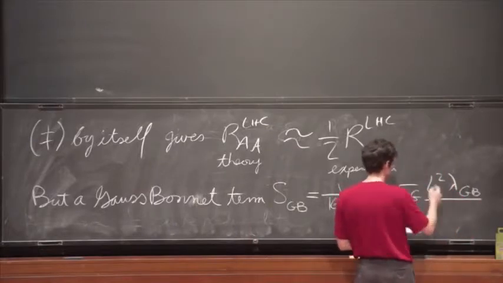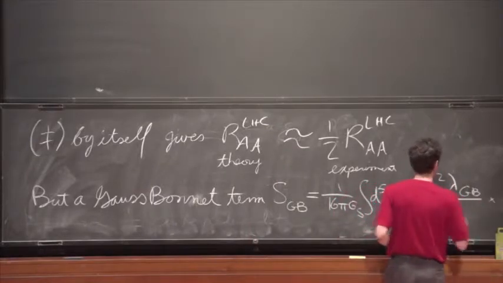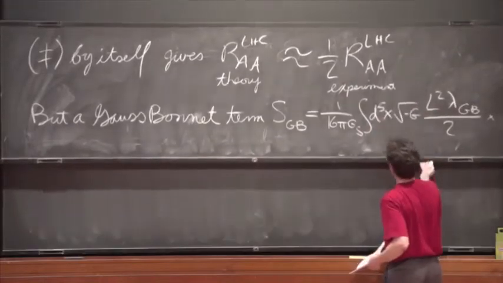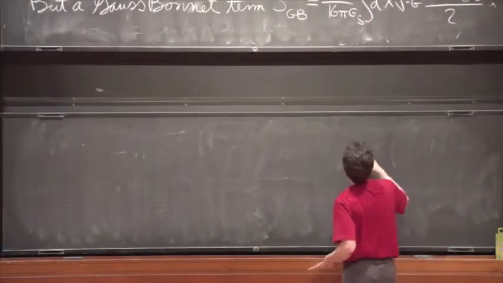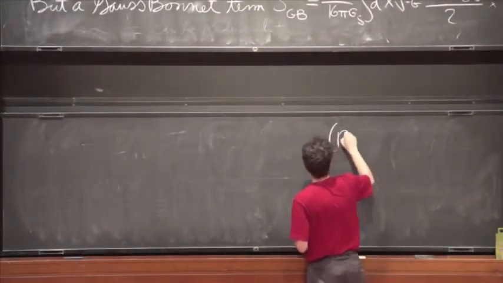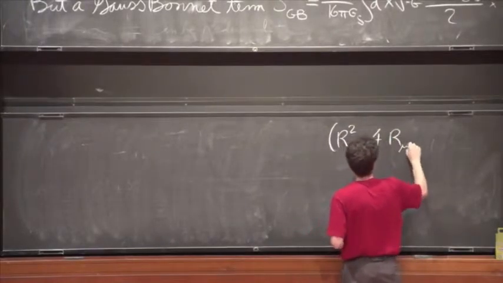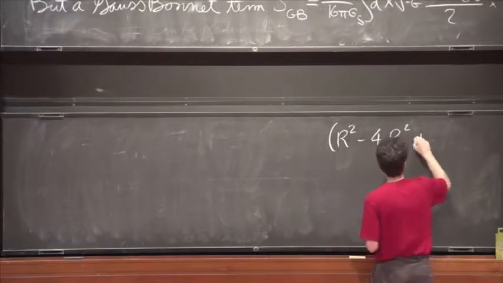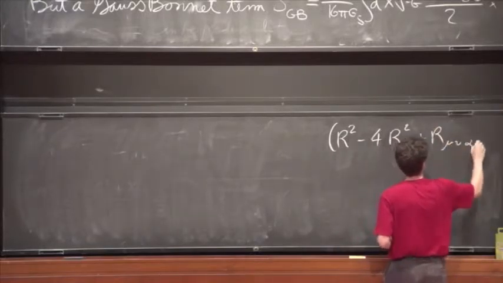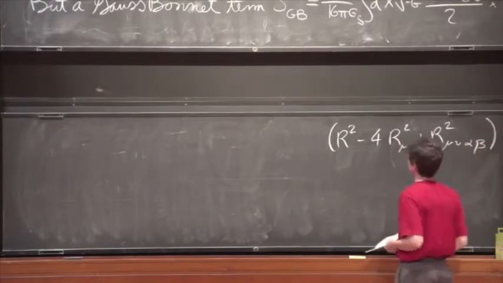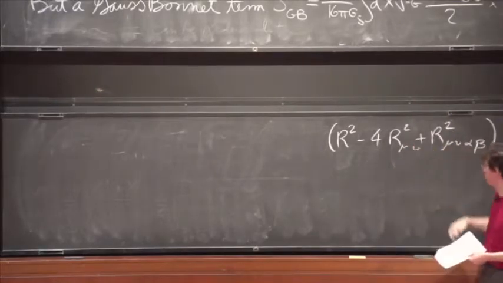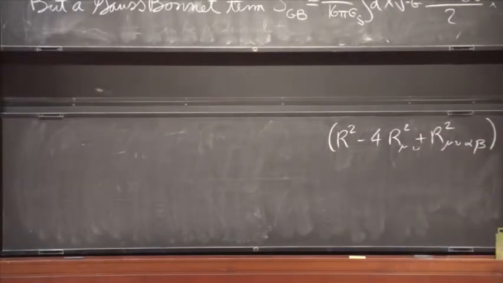There's a parameter, lambda Gauss-Bonnet, and then the complicated part of this action is that you've got some 4 derivative terms, like so. So like I say, these 4 derivative terms, they modify the AdS-Schwarzschild background.